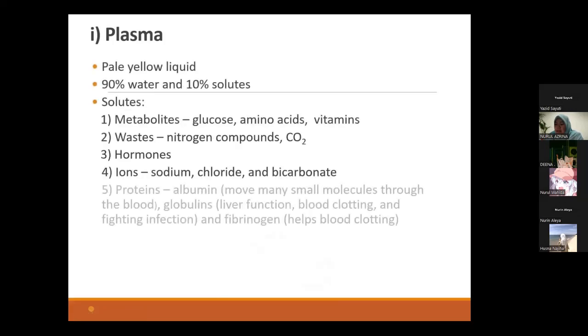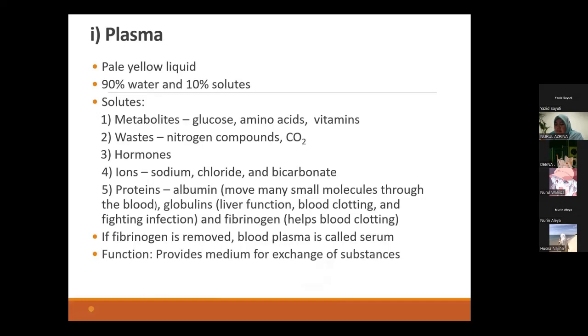Okay, plasma. Plasma is a pale yellow liquid containing 90% water and 10% solutes, including metabolites like glucose, vitamins, and amino acids. It also has waste, nitrogen compounds, and carbon dioxide.